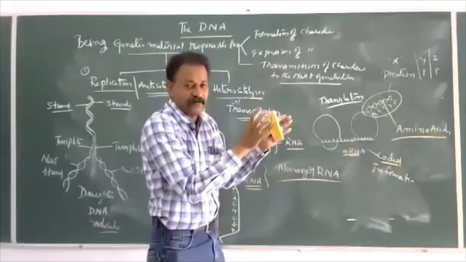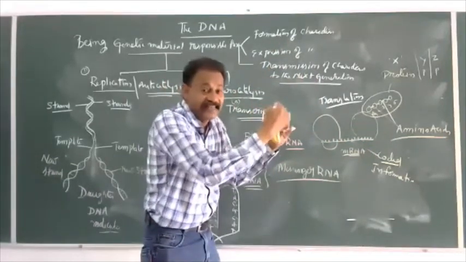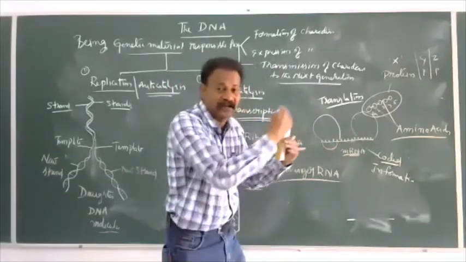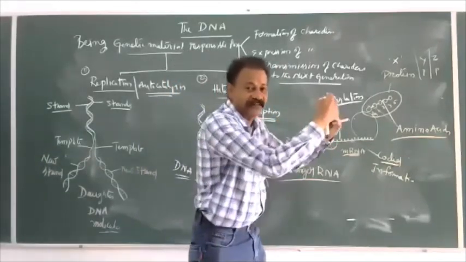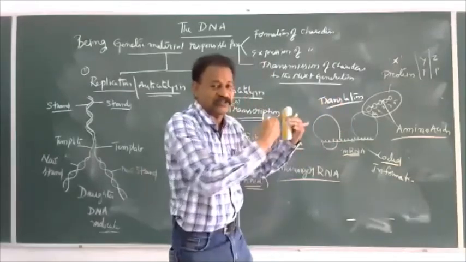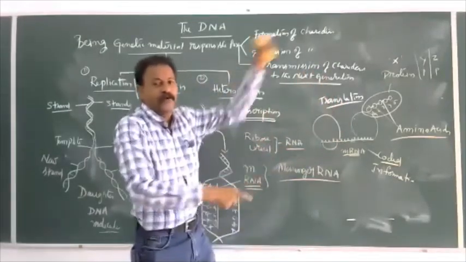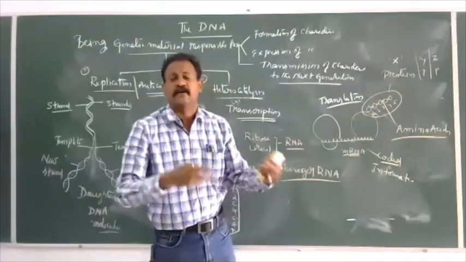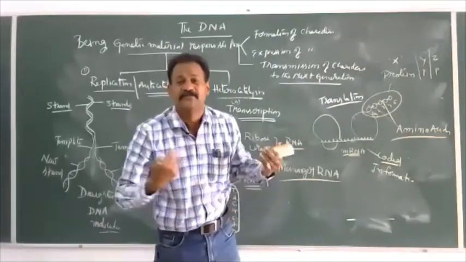So the sequence of amino acids is arranged one after the other. Such and such amino acid sequence equals such and such protein. Like that, hundreds and thousands of proteins are there with which cells are made.